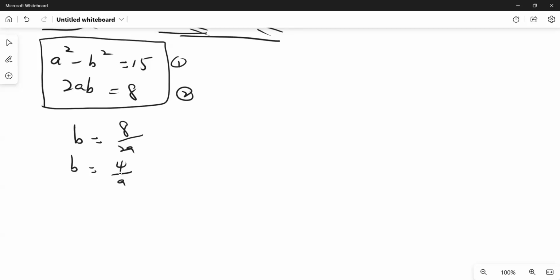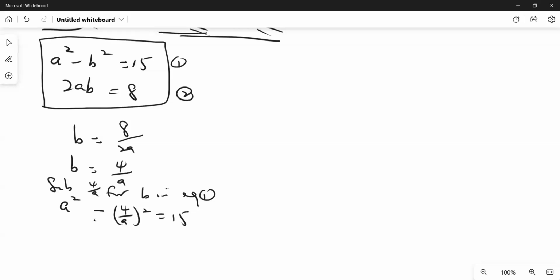And then you put this in here. Substitute 4 over a for b in equation one, and you end up with a square minus 4 over a, squared, equal to 15. I'll jump over things a little.